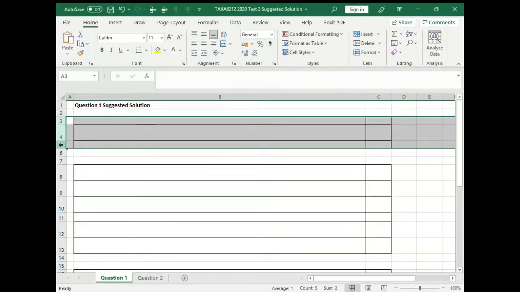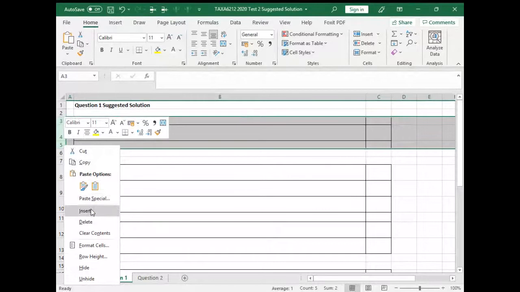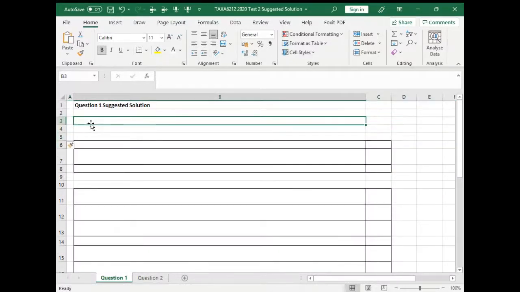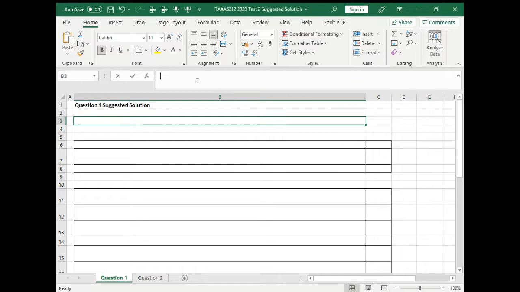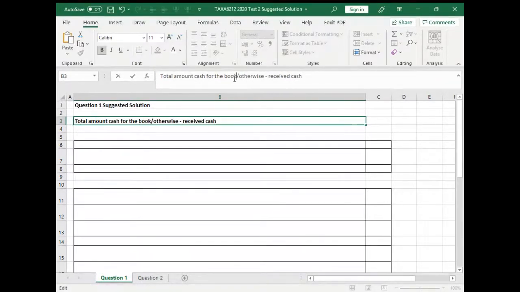The first few things, I'm just going to add in here while we're talking about it. The first thing we said, based on what I've written, is we will write that the total amount of cash or otherwise, total amount of cash for the bookings and treatment was received during the year of assessment.